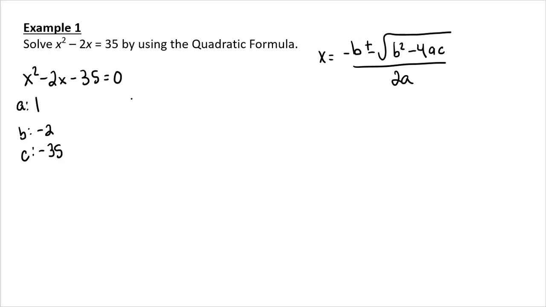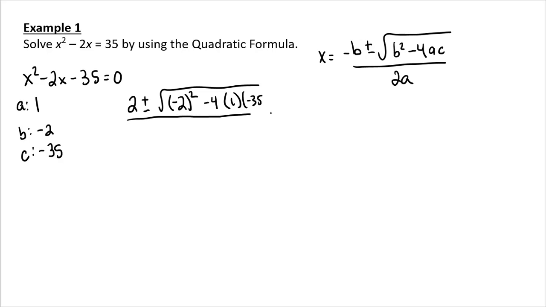Opposite of B, the opposite of negative 2 is 2, plus or minus the square root of b squared. Okay, so I'm just going to write this in, negative 2 squared minus 4ac, all over 2a.